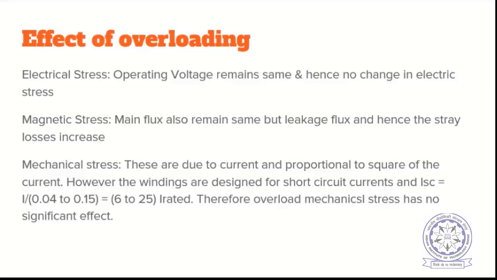The main flux, whatever it is called, magnetizing flux, remains constant. Due to secondary current, there will always be primary ampere turns which counter that secondary flux, and effectively that flux gets cancelled. Therefore, only the main flux, means magnetizing flux, will remain in the transformer.